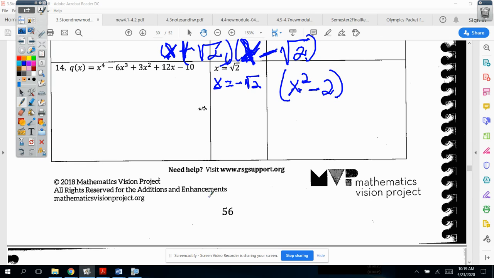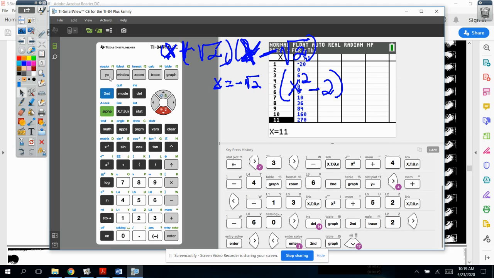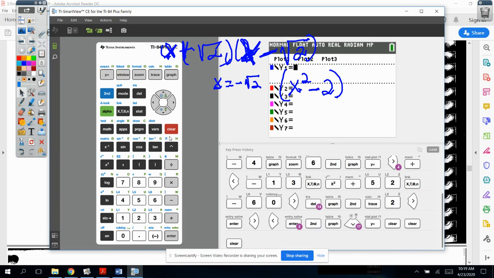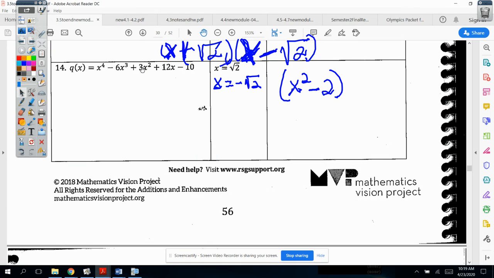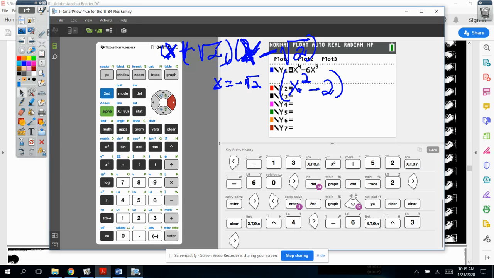So if I type this in to my calculator, x fourth minus 6x cubed plus 3x squared plus 12x.